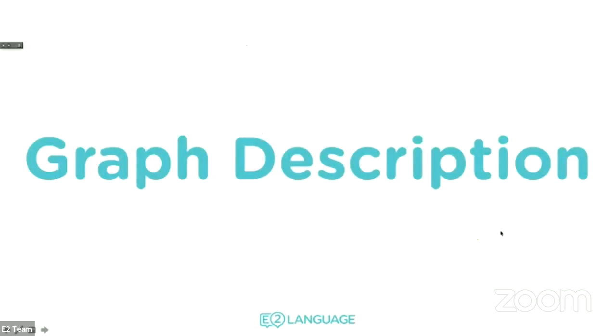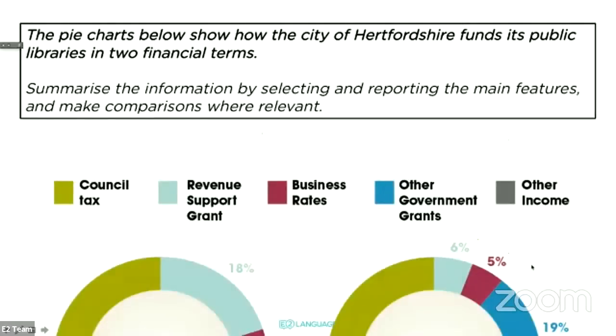Let's take a closer look at the graph description, because on test day, above the pie charts will be this box of text. It says, the pie charts below show how the city of Hertfordshire funds its public libraries in two financial terms. Summarize the information by selecting and reporting the main features and make comparisons where relevant.